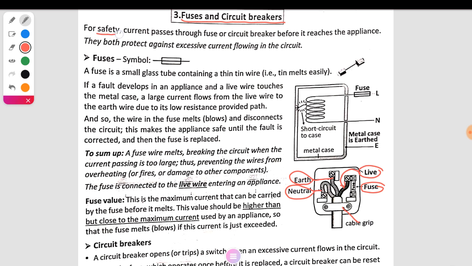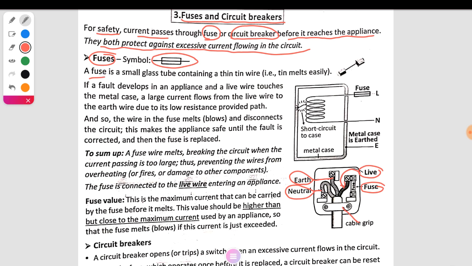For safety, current passes through a fuse or circuit breaker before it reaches the appliance. They both protect against excessive current flowing in the circuit. This is the symbol of the fuse.